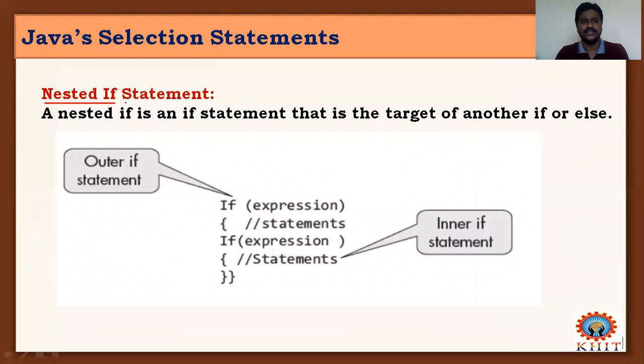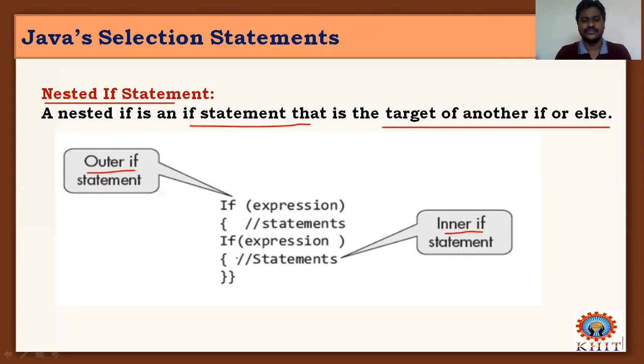And we have another version of this if statement, the nested if. A nested if is an if statement that is the target of another if or else statement. So we see the expression of the outer if statement and the inner if statement. One if statement contained inside another if statement is called a nested if statement. Here is the first if expression, some statements, then another if statement.